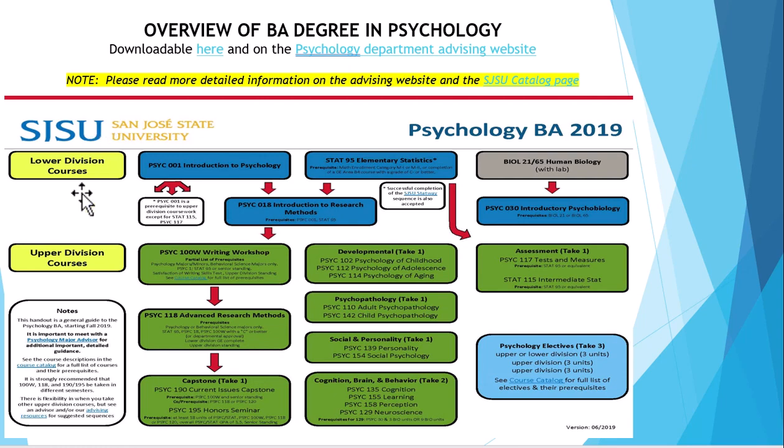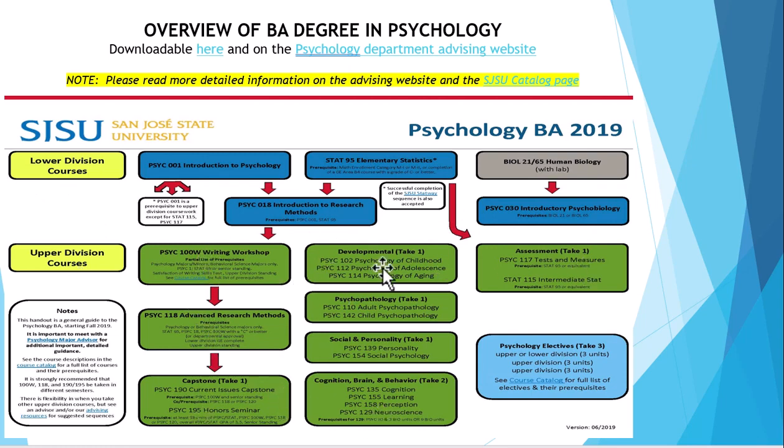If you just look quickly at this figure, you can see that our psychology major is made up of lower division classes up here, and then also upper division courses down here.